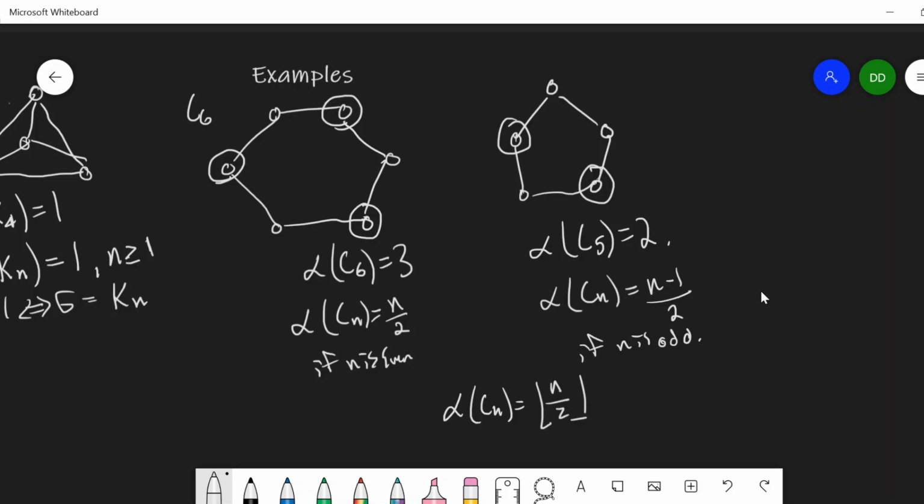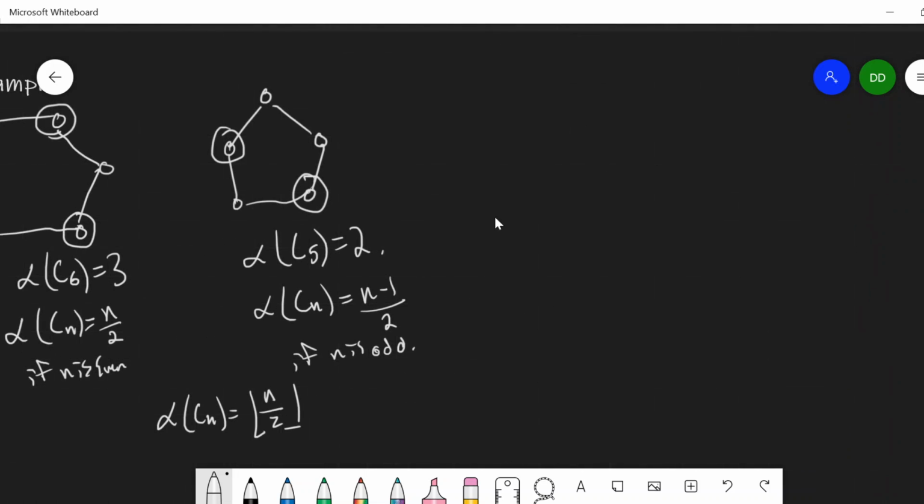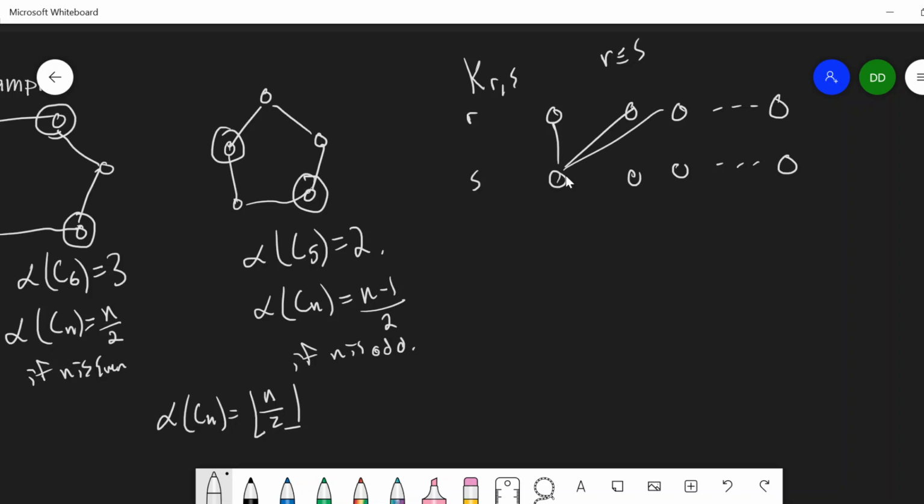Oh, how about a complete bipartite graph? Let's just do it in general. So if I have the bipartite graph K_{R,S}, where say R is less than or equal to S, R vertices up here, S vertices here, and I have all these edges in between.